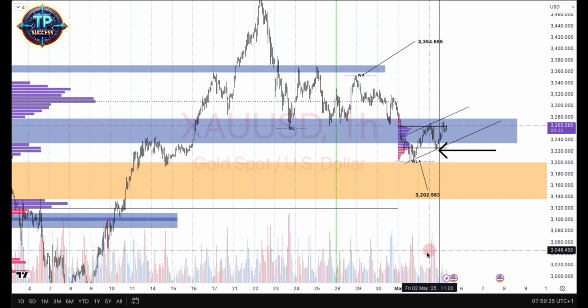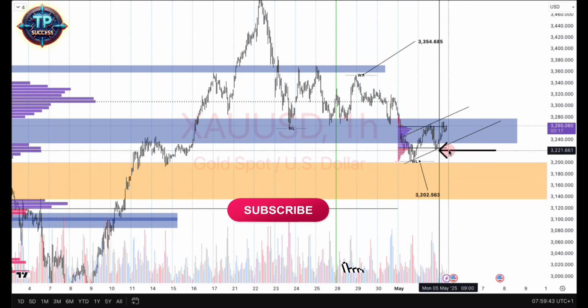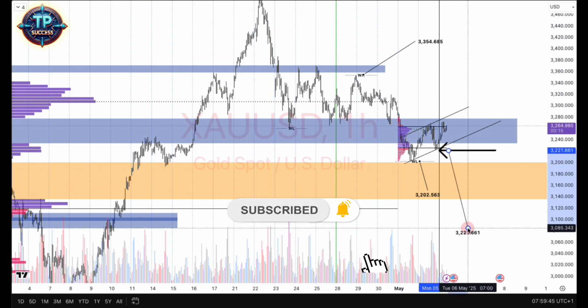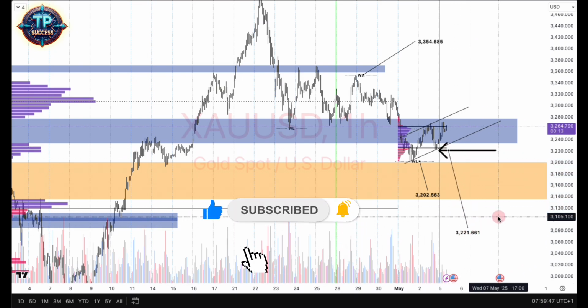So this is the area that I will be looking to take sales from. And once again, not financial advice, and I am not a financial advisor, so make sure everything makes sense before you do it. And that level in question is 32.21.66. So that's the shout out for this week in terms of where I think everything is going to go.